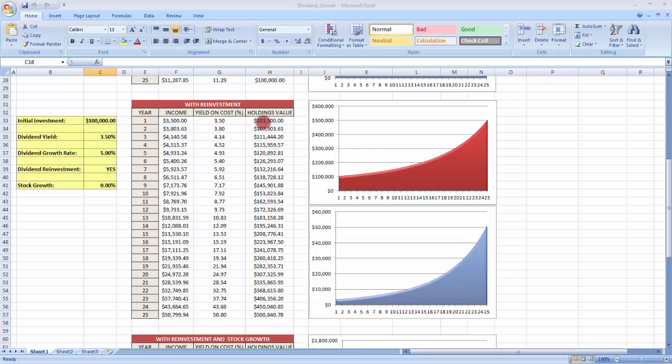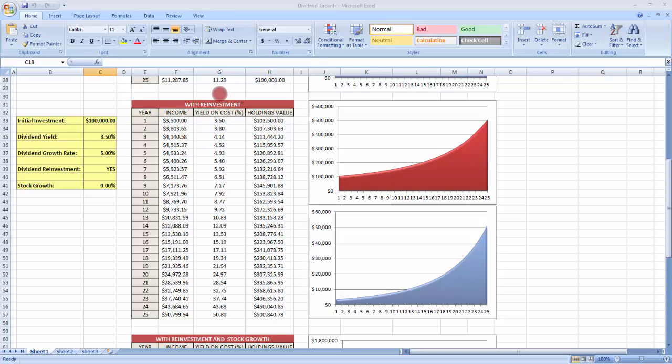That affects your right-hand column and increases the value of your holdings, and you get that compounding growth that we know is extremely powerful to investments. So the yield on cost grows at a much faster rate because the dollar amount of those holdings continues to increase as this dividend income is reinvested into shares.